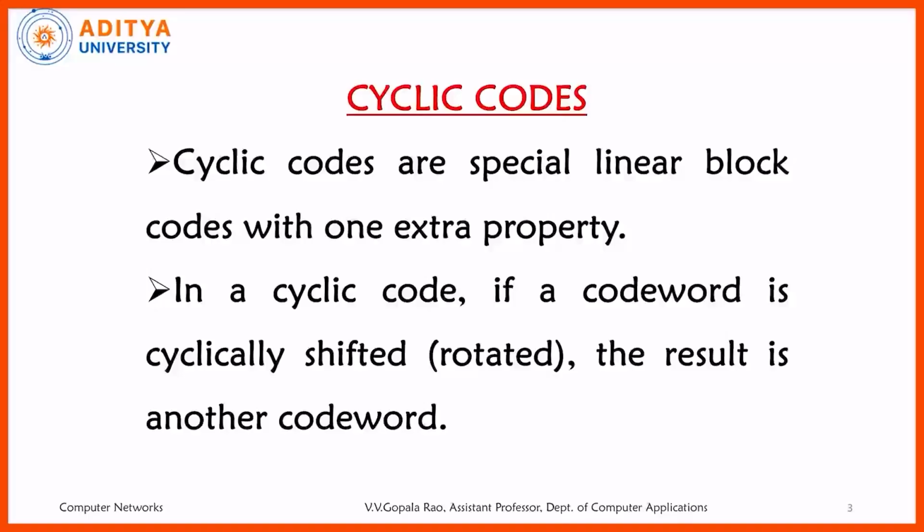Suppose you have data called 1011. If each bit is rotated left by one position, the rightmost bit will first move to the preceding position, the next 1 will move to occupy the position occupied by 0, the 0 will occupy the position of the next 1, and the leftmost 1 will occupy the vacancy at the rightmost side.